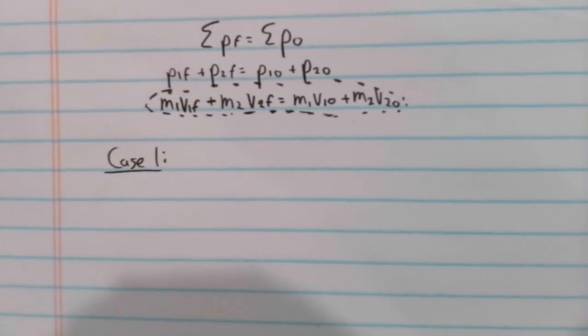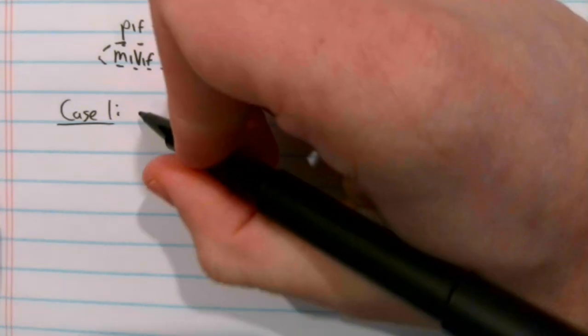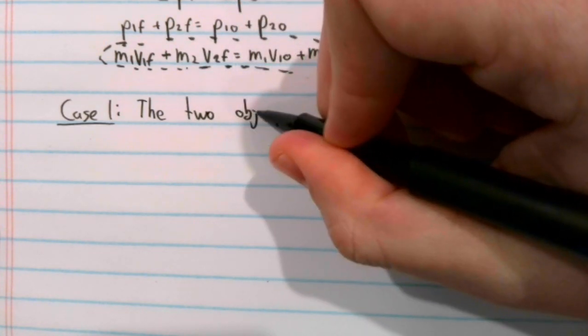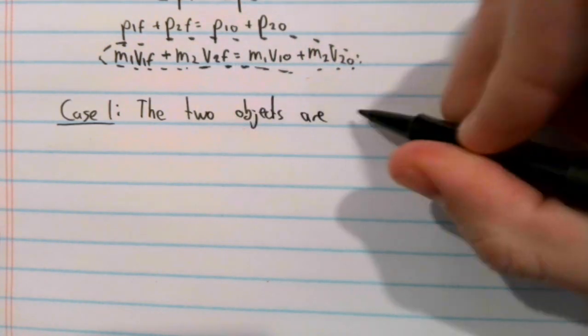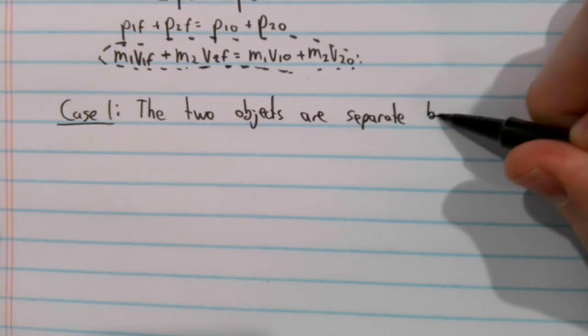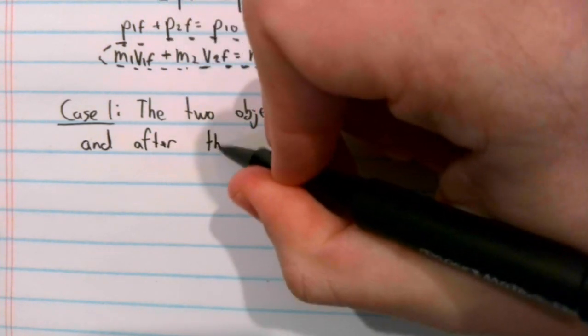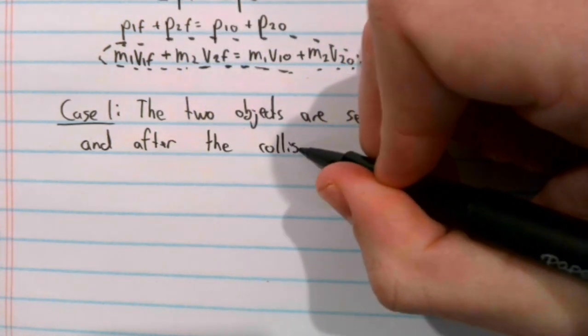The first is what I'll call case 1. So case 1 is a collision scenario in which the 2 objects are separate before and after the collision.